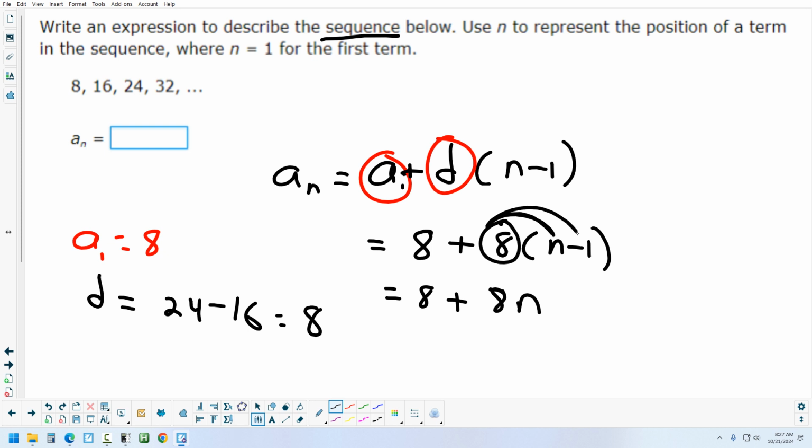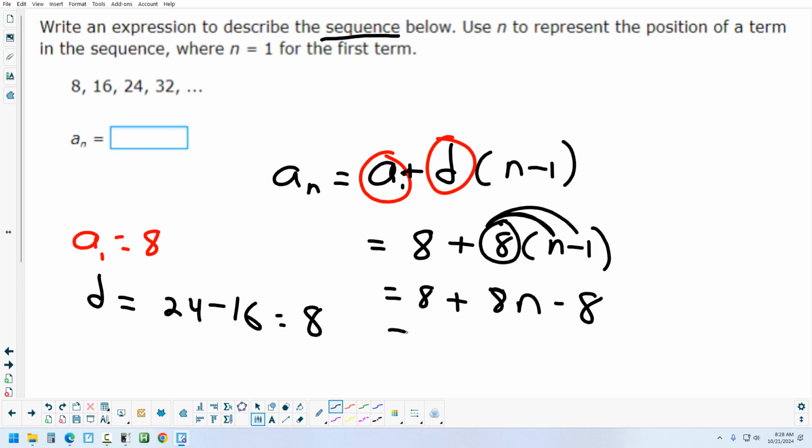What about 8 times -1? No, it's not on the other page, Isaac. Just the arithmetic. What's 8 times -1? Yep, -8.